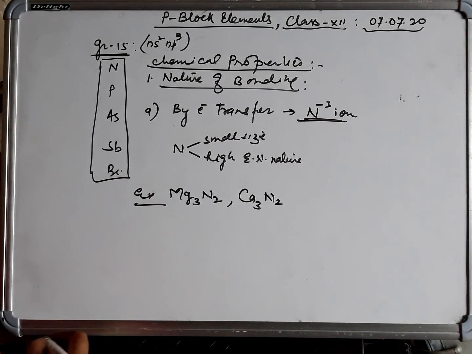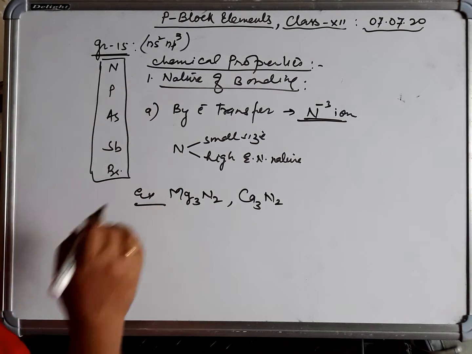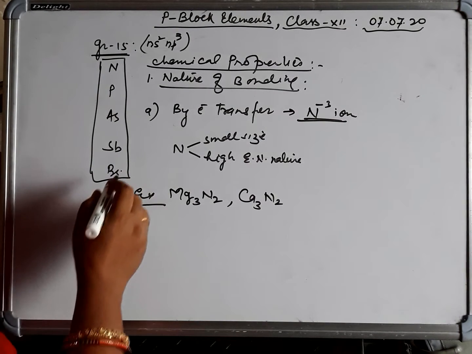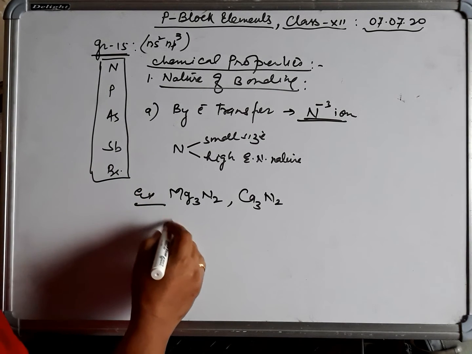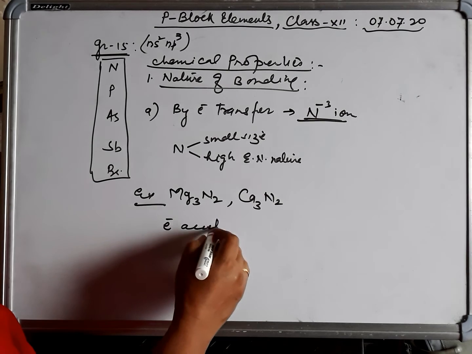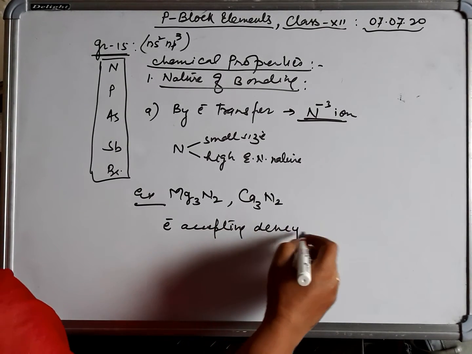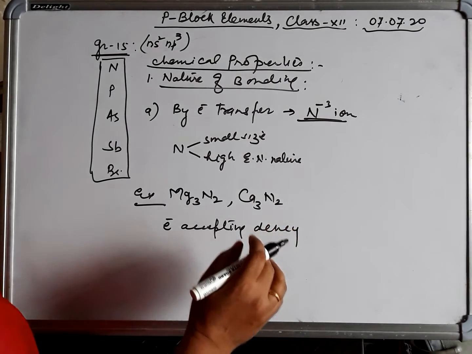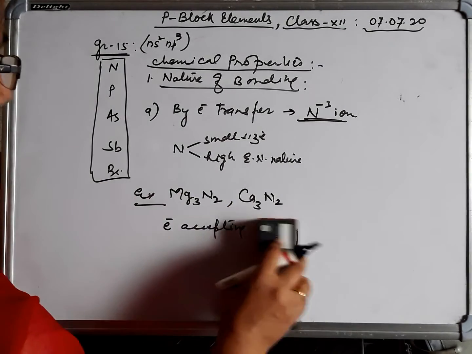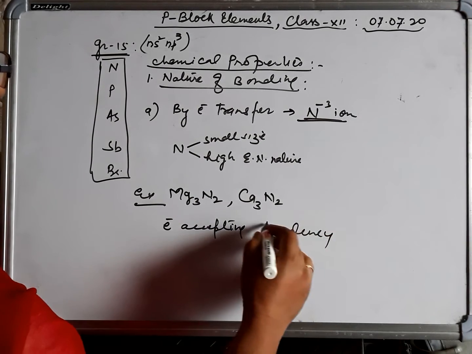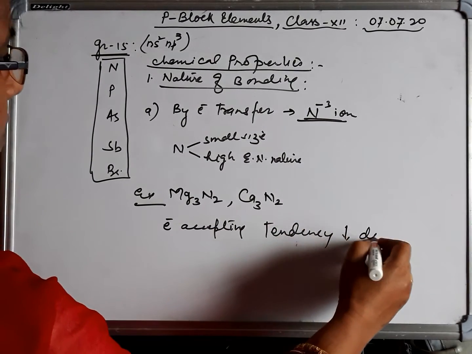Electron accepting tendency decreases down the group, because as the size of the atom increases, the electron accepting tendency decreases.